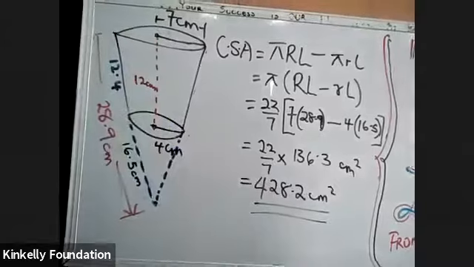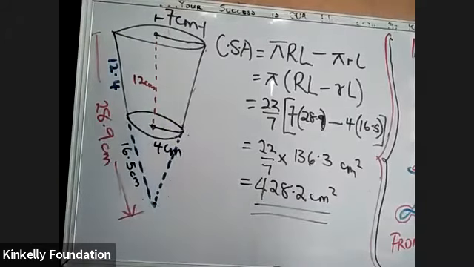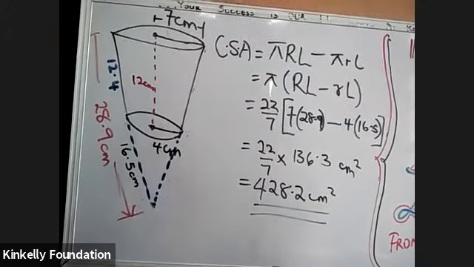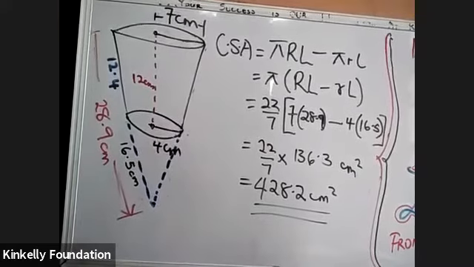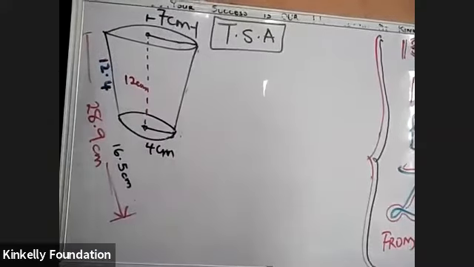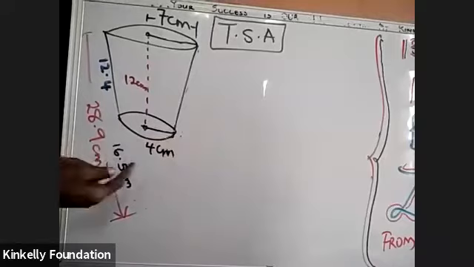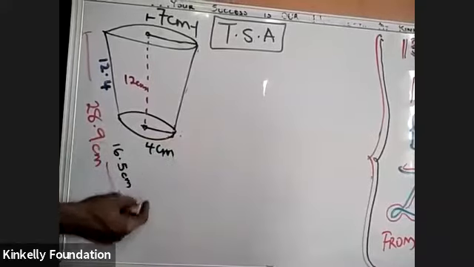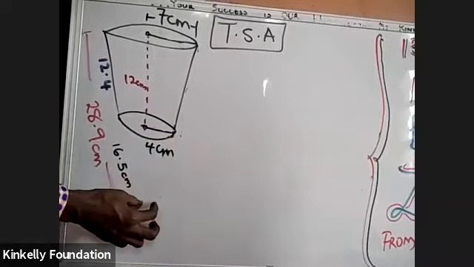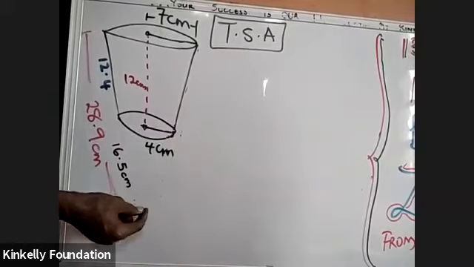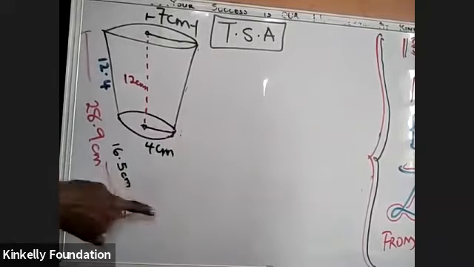Confirm your answers if they are the same. From the diagram, this is the original diagram. There is nothing extended; it doesn't have the upper cone, the one that has the vertex. We don't have it here.